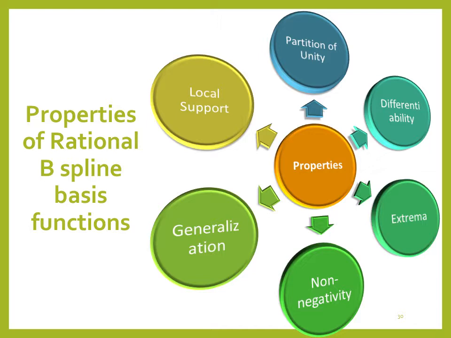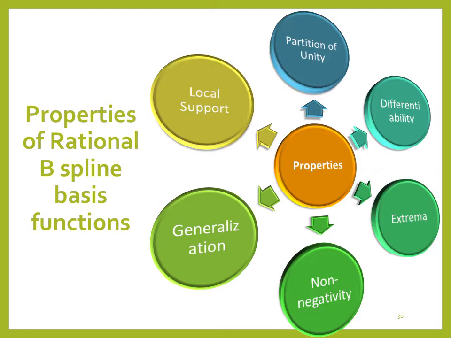And extrema, which means if p is greater than 0 and q is greater than 0, then R_ij(u,v) attains exactly one maximum value. Also differentiability, which means that interior to the rectangle formed by the u and v knot vectors, all the partial derivatives of R_ij(u,v) exist.